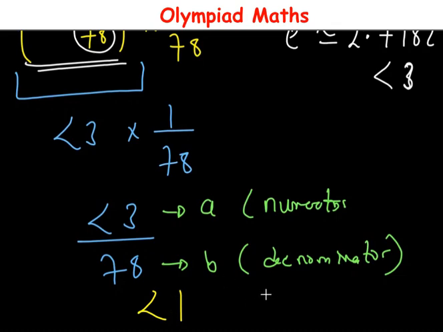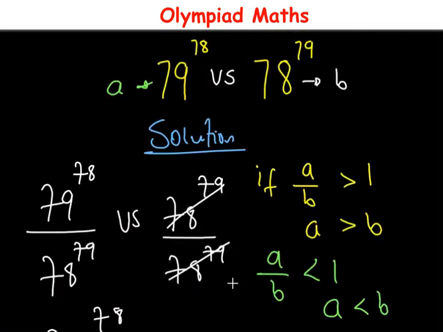So going back to our identity, if you have A over B less than 1, this means that A is less than B. So 78 raised to the power 79 is the bigger value.